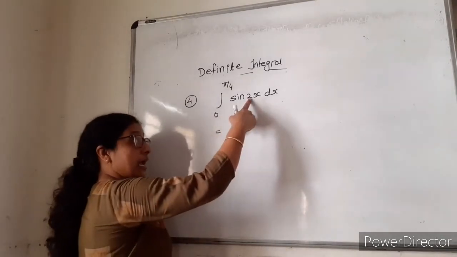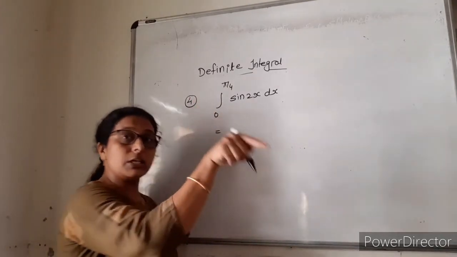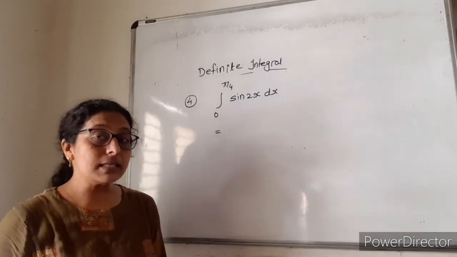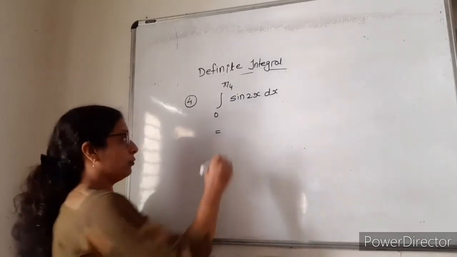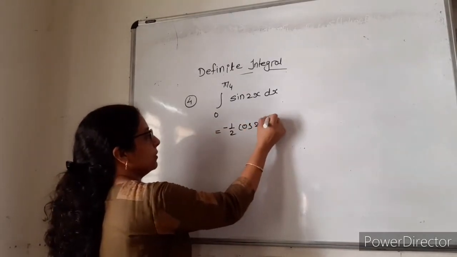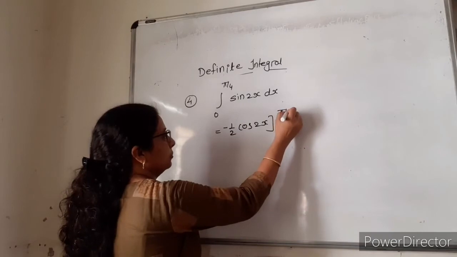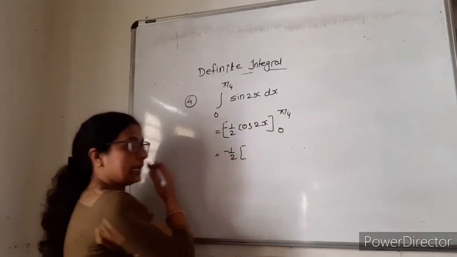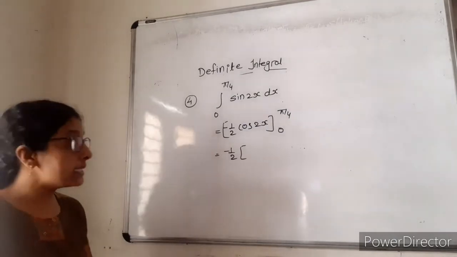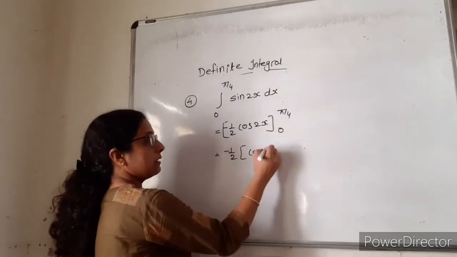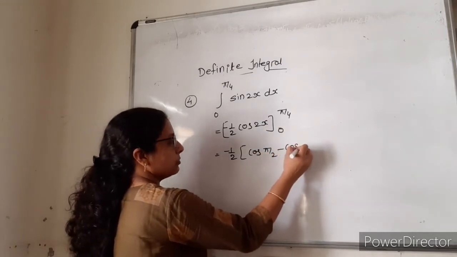But here the coefficient of x is given, so for that you have to divide by this coefficient, right? So 1 by 2 minus cos 2x, from 0 to pi by 4. Minus 1 by 2, we'll take it outside because it is constant. Cos, first you apply pi by 4, so it is pi by 2, and cos 0.